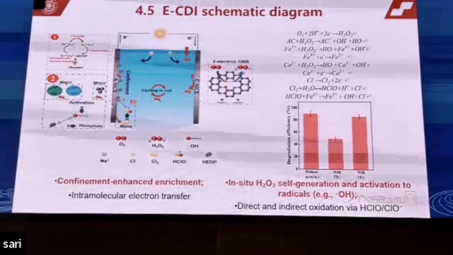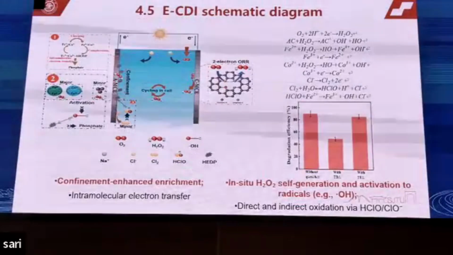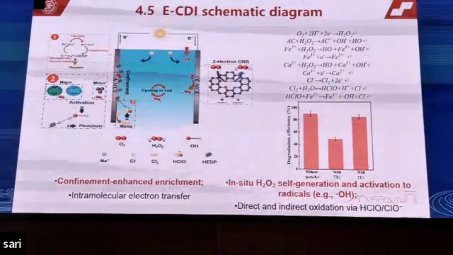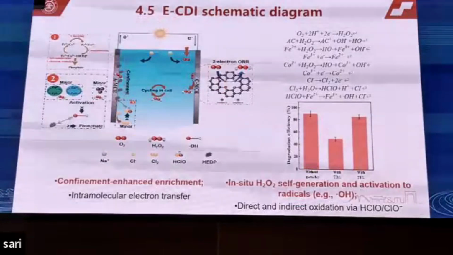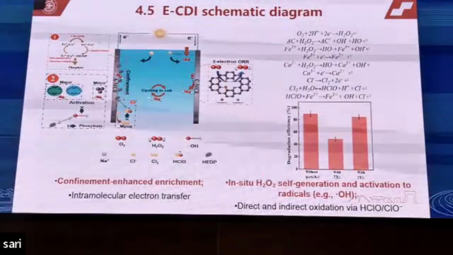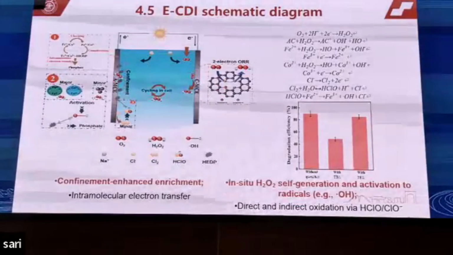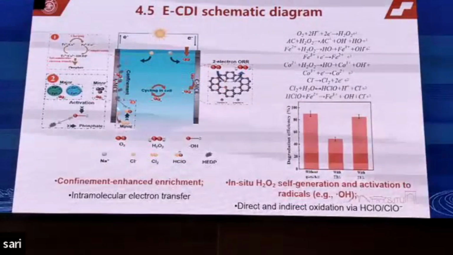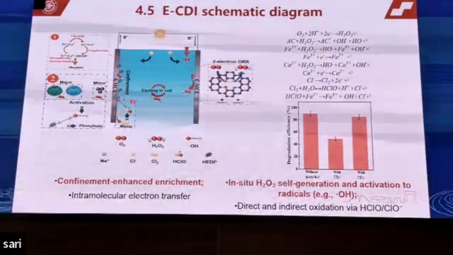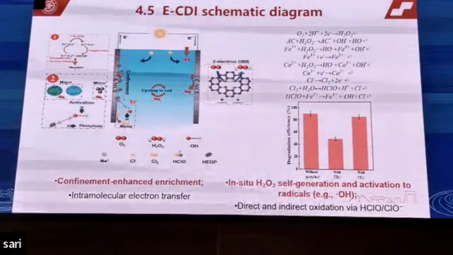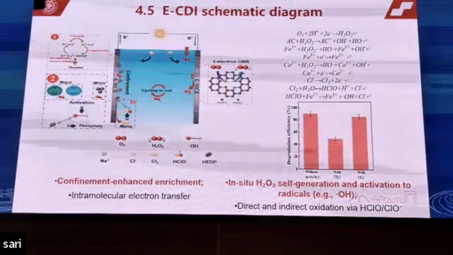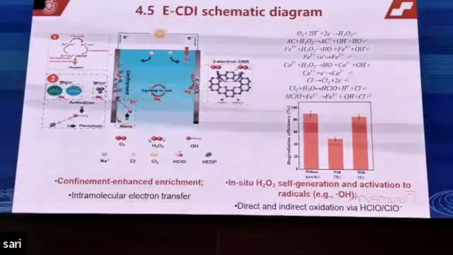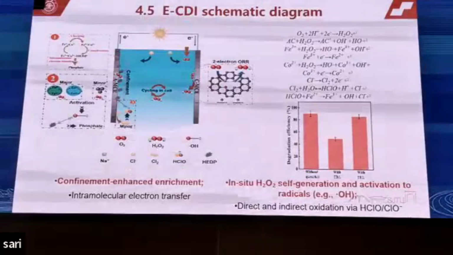And just around the anode, we can achieve the degradation of the organophosphorus compounds. And after the degradation, it can be directly absorbed on this anode. In this way, we can achieve the simultaneous degradation and collection of the organophosphorus compounds.